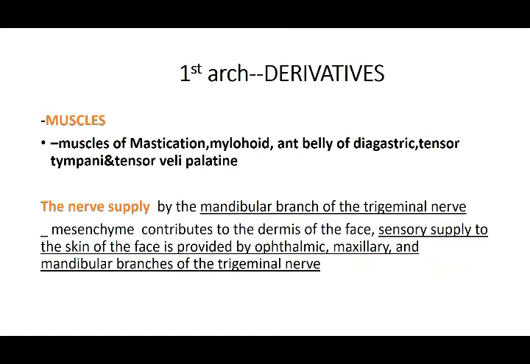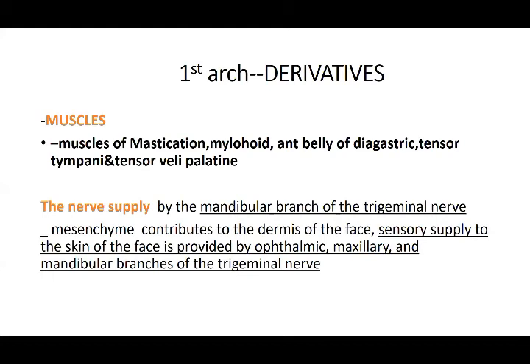Now, one thing is very important to mention: these muscles may develop at the site where they are going to stay throughout life, or they develop from that site and migrate to another part of the body.